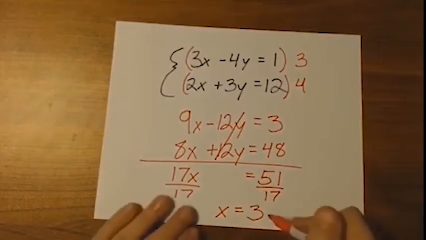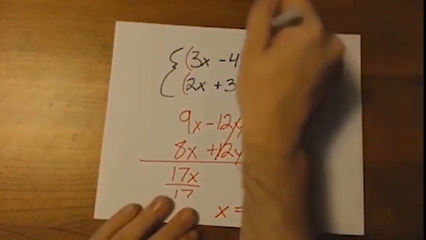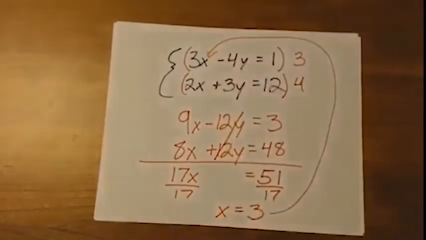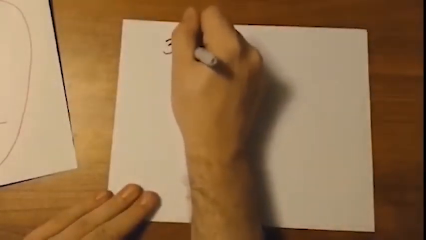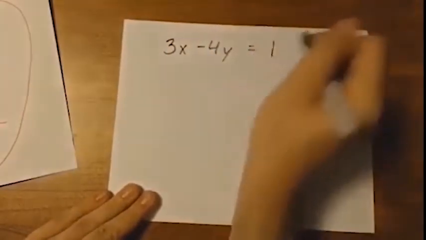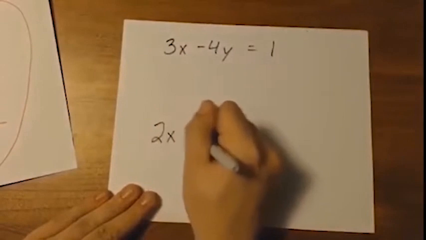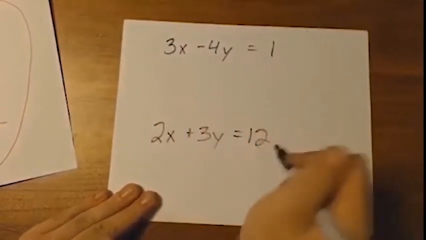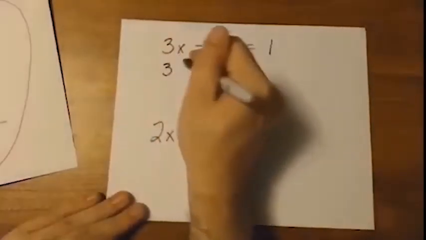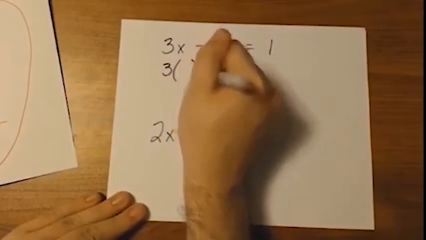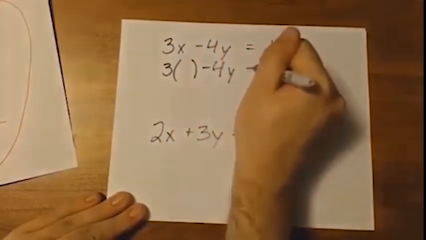We're going to take that x equals 3, plug it into either of the two original equations. And notice either way, whether we're doing 3x minus 4y equals 1 or 2x plus 3y equals 12, when we plug in 3 for x.